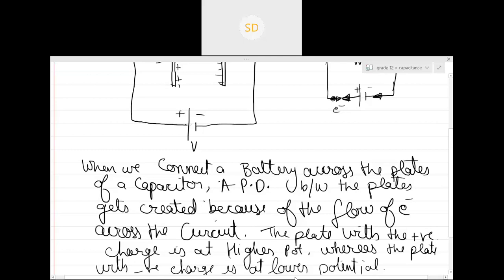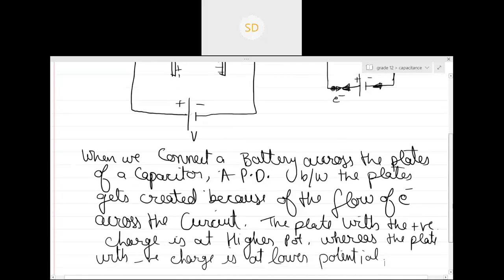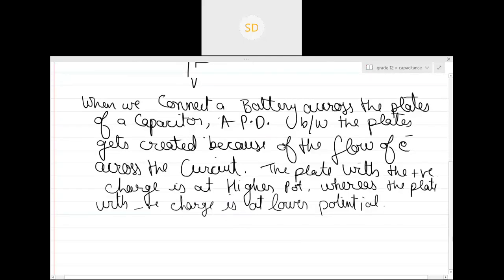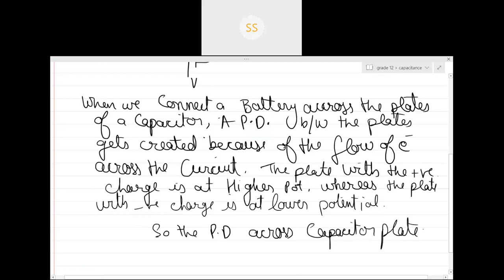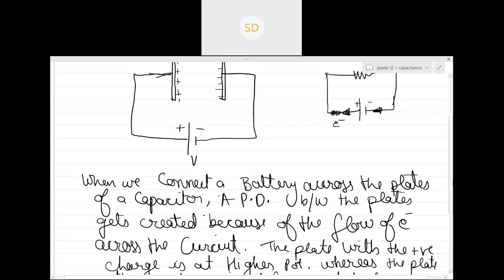Is this clear, guys? Are you reading this whole thing? What will be the potential difference across the capacitor? It becomes VA minus VB.